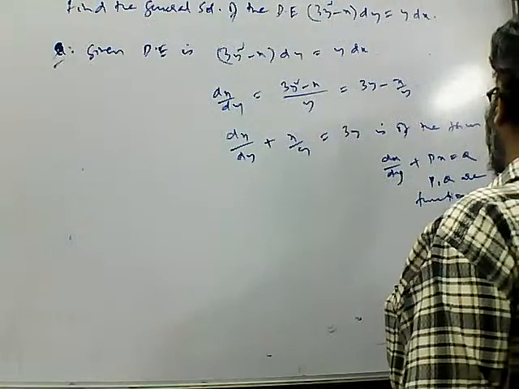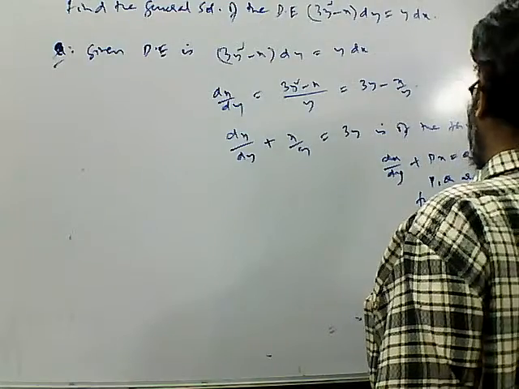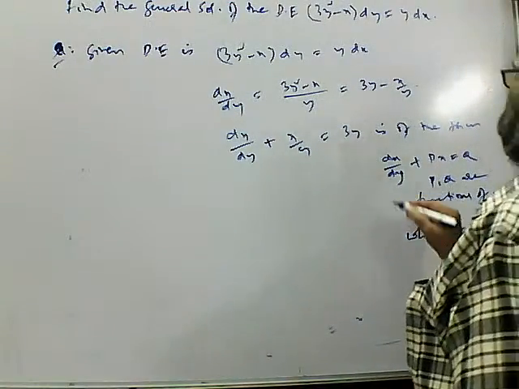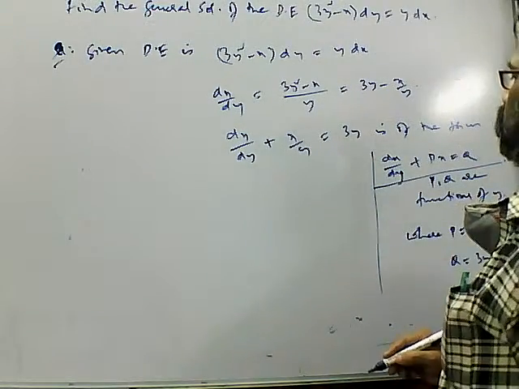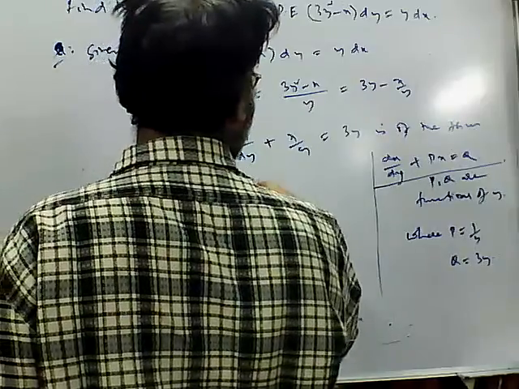Therefore, P is equal to 1 by y, Q is equal to 3y.